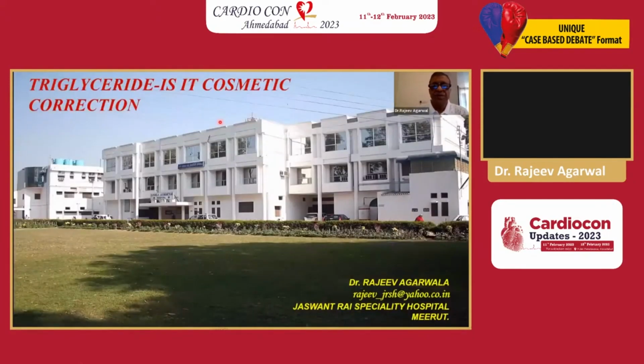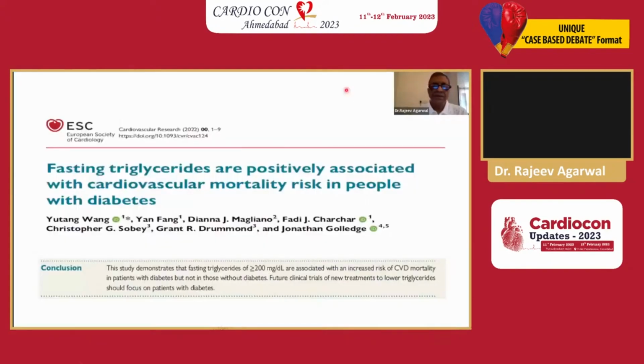This is a very provocative, controversial, but very insightful slide, which I keep showing. Is triglyceride correction a cosmetic correction? TGs are positively associated with CV risk in people with diabetes.